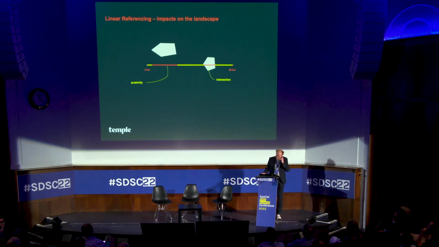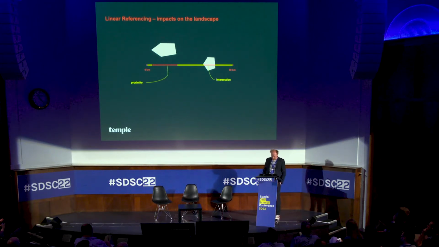So using spatial technologies and GIS tools and bringing them together, I have done a lot of work over the last number of years looking at potential environmental and sustainability impacts of linear infrastructure.